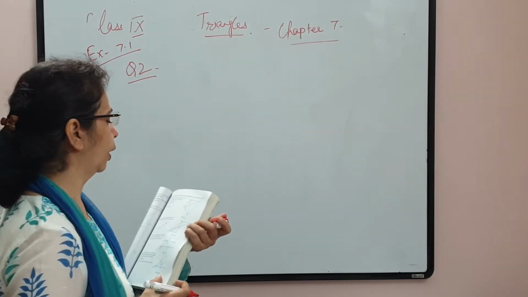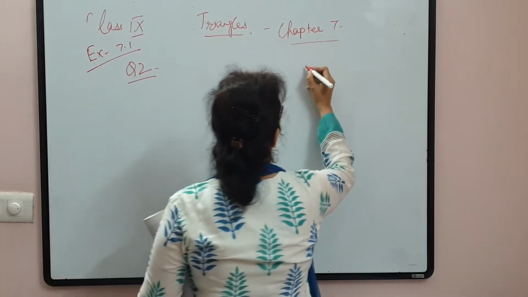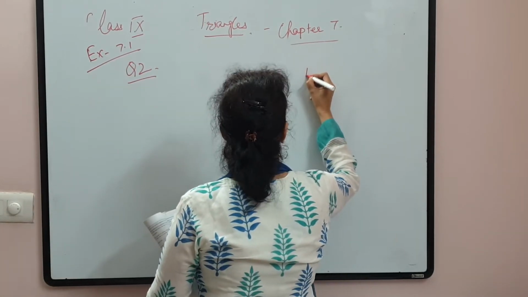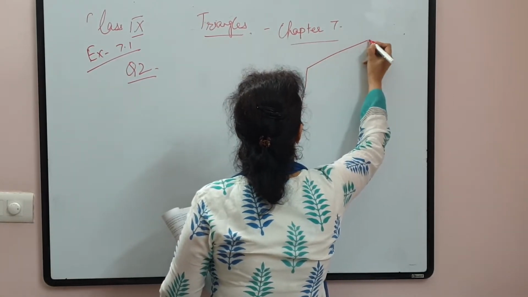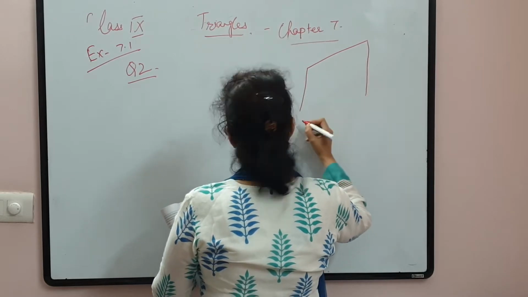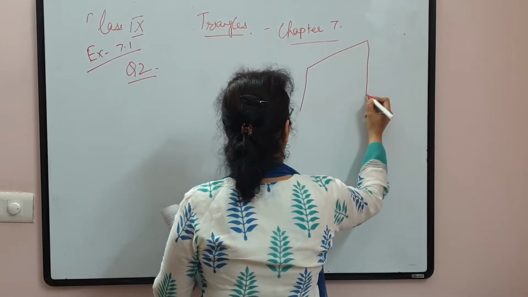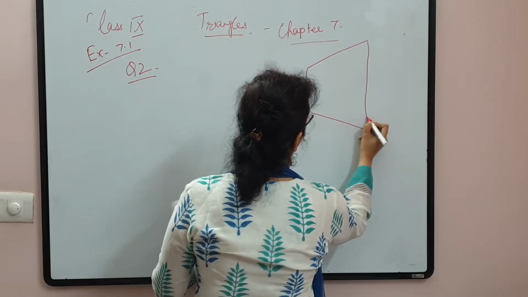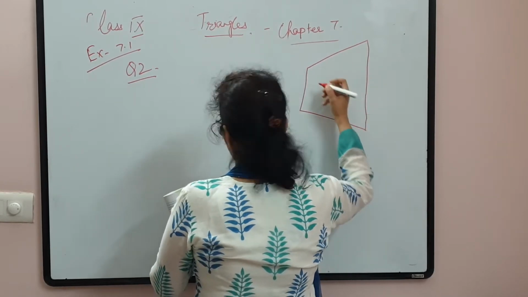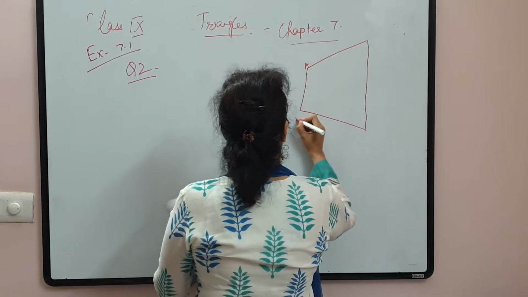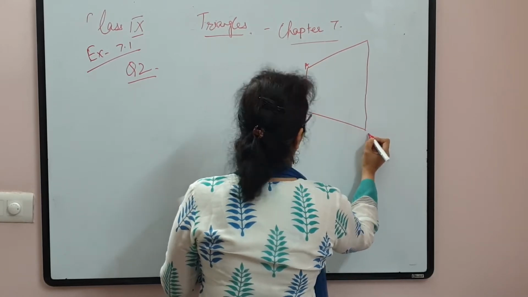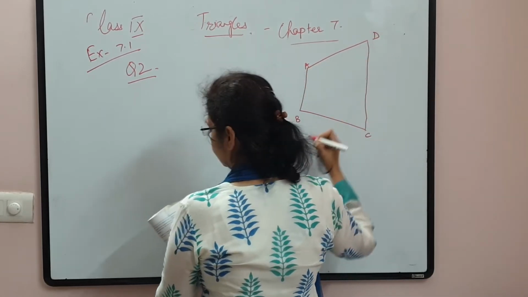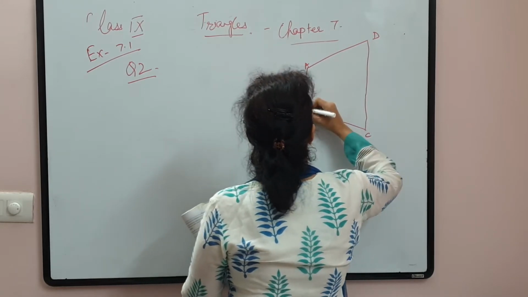ABCD is a quadrilateral. A, B, C, D. This is a quadrilateral.